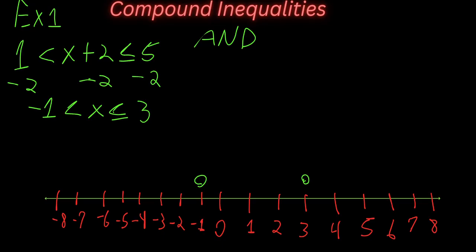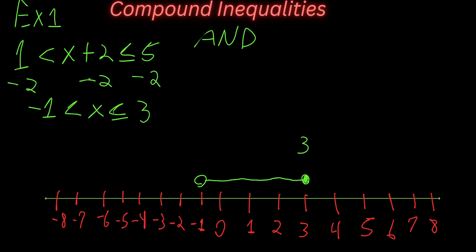This time it's less than or equal to, so it's going to be a shaded point. And now all we have to do is connect the two. So every value greater than -1 and equal to 3, so 3 will satisfy it.